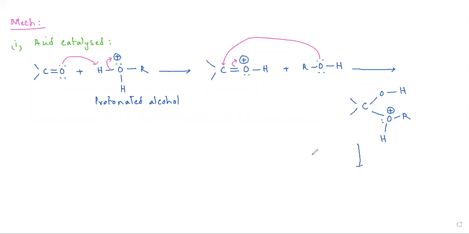Now, taking another molecule of alcohol, we can abstract this proton and give the bond with a positive charge. That is how we get the final product. That is hemiacetal or hemiketal.